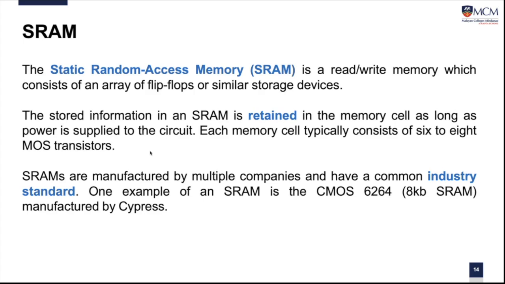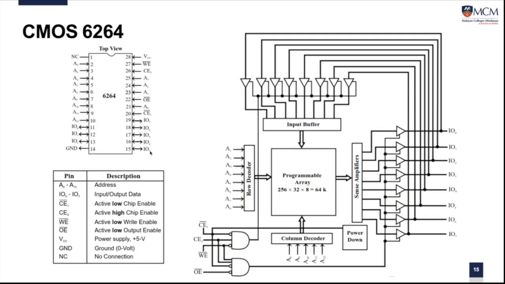SRAMs are manufactured by multiple companies and have a common industry standard, which is why we have data sheets. One example of an SRAM is the CMOS 6264 manufactured by Cypress.